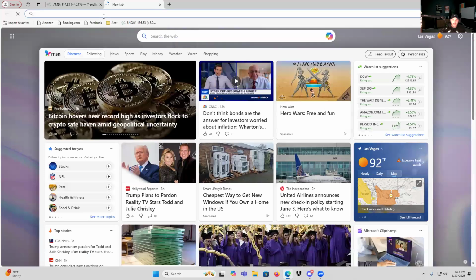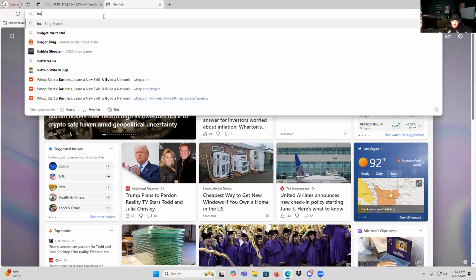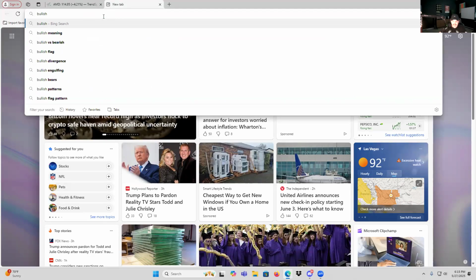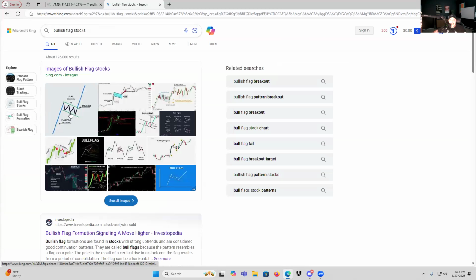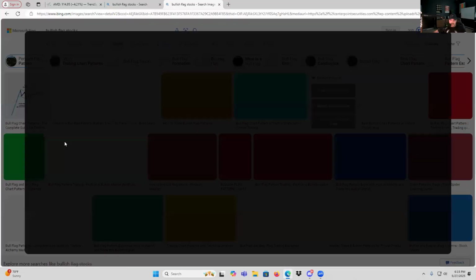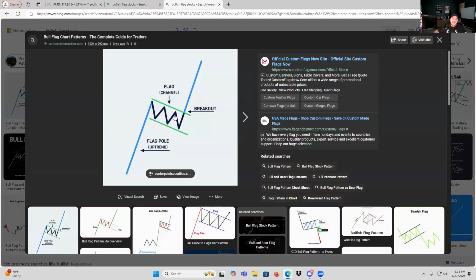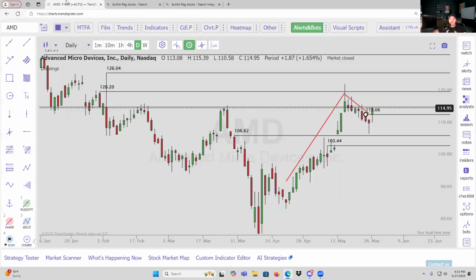Let's go bullish flag stocks, right? So if you guys don't know, a bear flag or a bull flag, especially on a higher time frame, has a very high probability for it to have continuation and play out. So we know we have a bull flag on the daily.